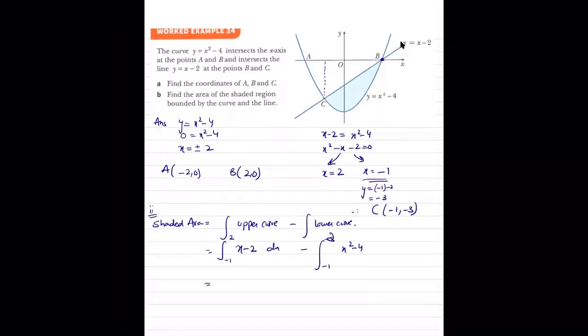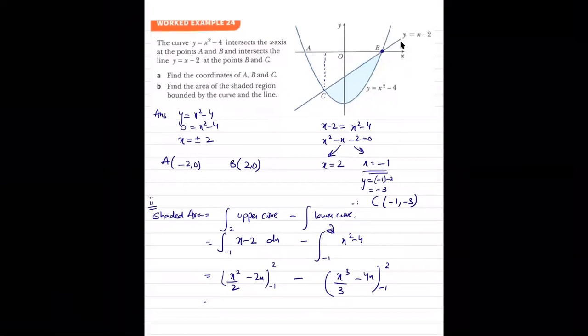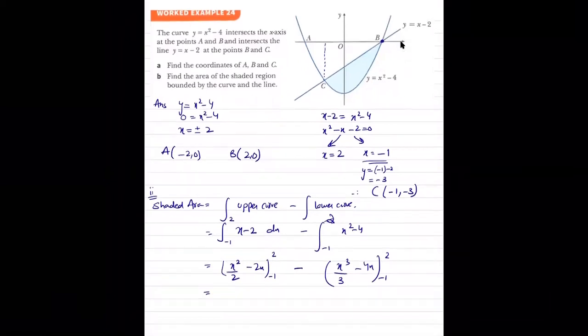So integration of x minus 2 is x squared upon 2 minus 2x, limits are 2 and minus 1, minus x cube upon 3 minus 4x, limits are 2 and minus 1. When you apply the upper limit 2, you get 4 upon 2 minus 4, minus 1 upon 2 plus 2.